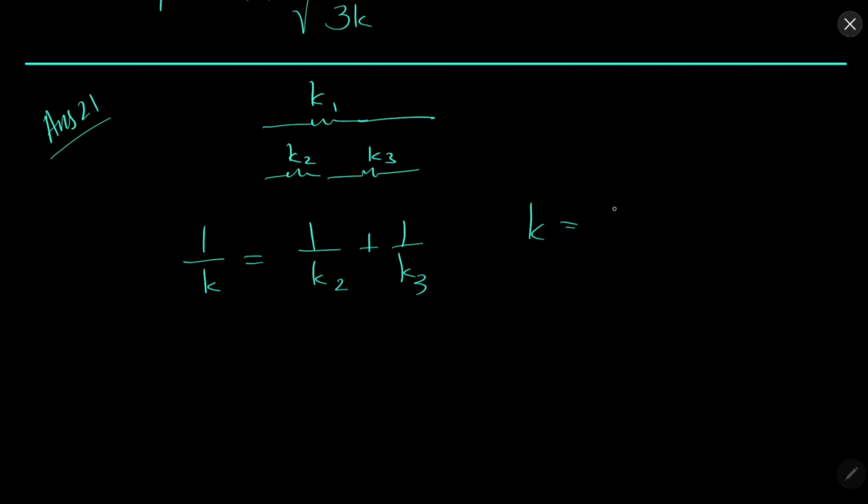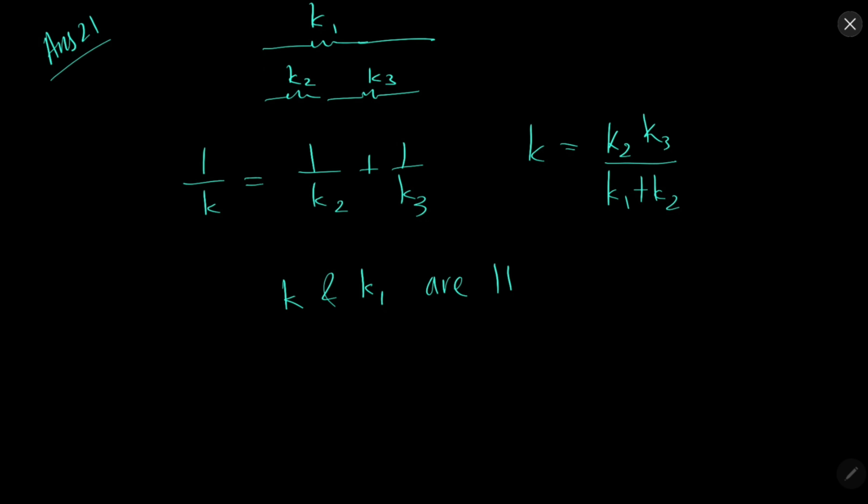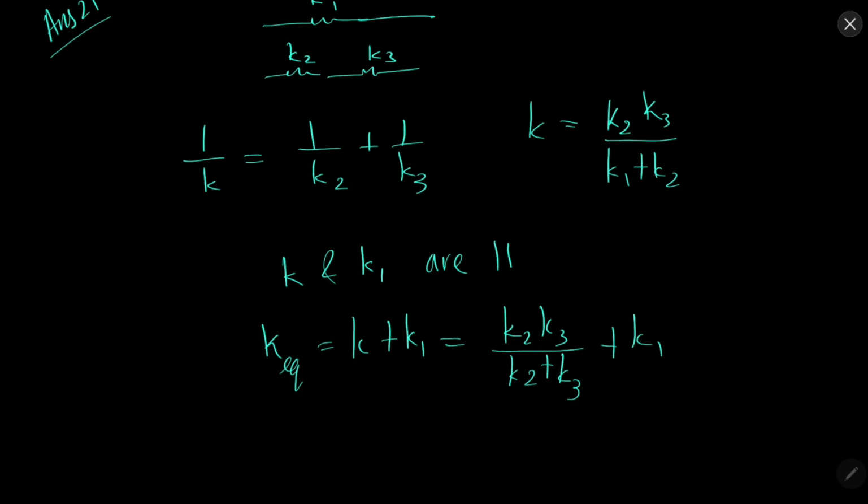So K will be K2 K3 over K2 plus K3. Now K and K1 are in parallel, so they will simply add up. So the equivalent K will be K plus K1, that is K2 K3 over K2 plus K3, plus K1.